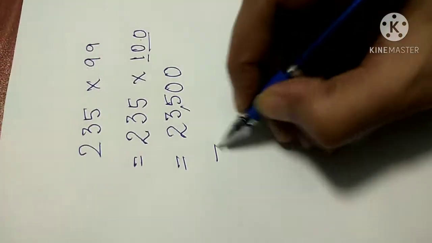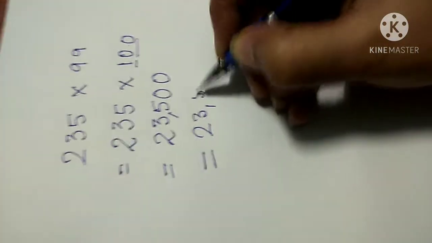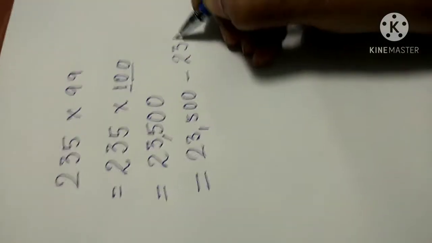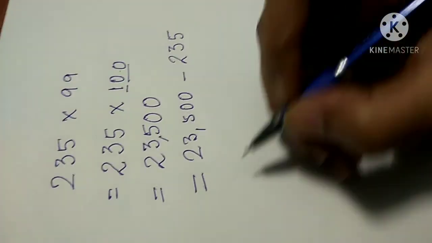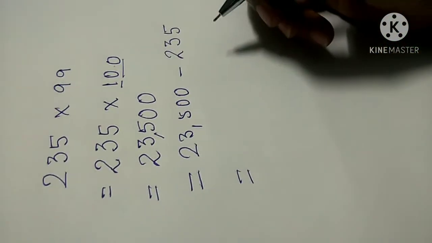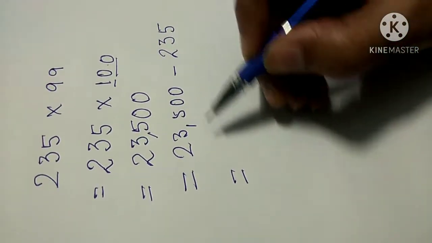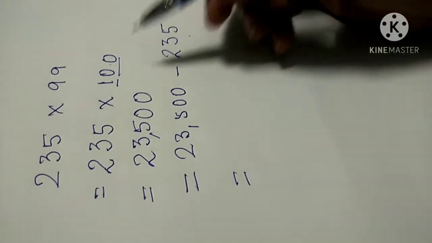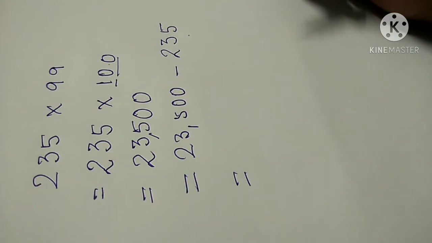23,500. Now 23,500 minus 235 will get us the answer. Now, why did we do 23,500 minus 235? It is because 100 minus 1 gives us 99.